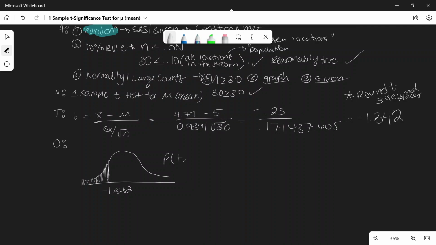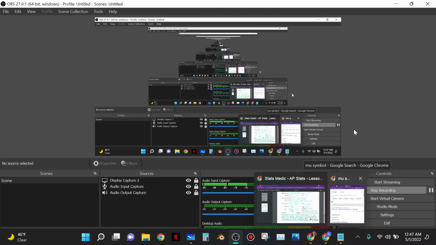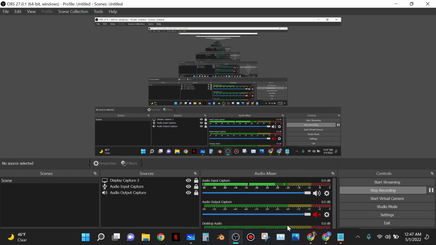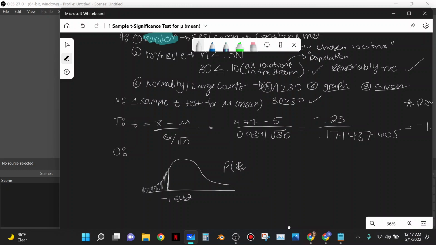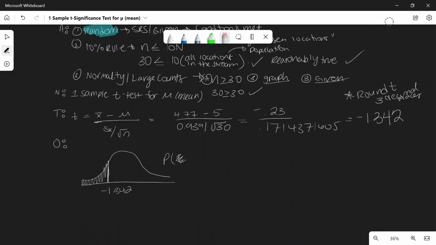Trying to find the probability that mu is less than that. Okay, 1 second. So where are we? Okay. My bad. This is actually supposed to be 4.77, and this is supposed to be 5.